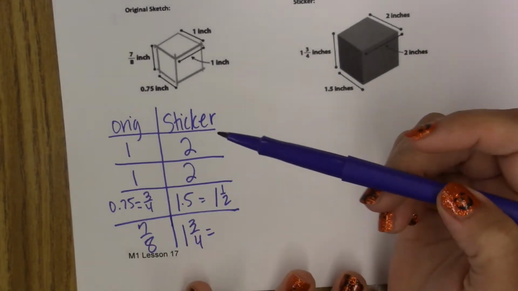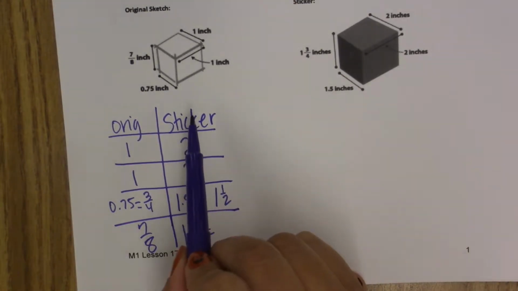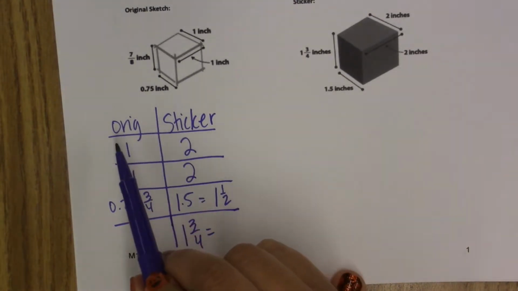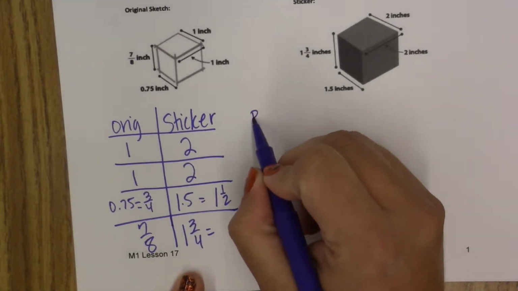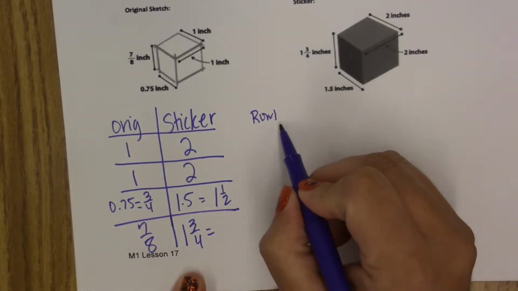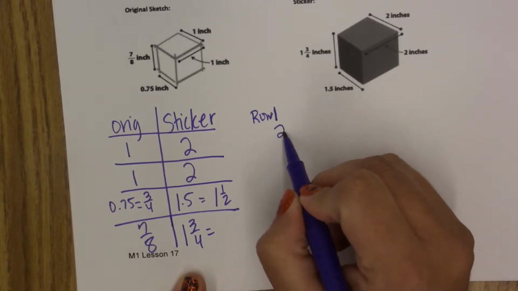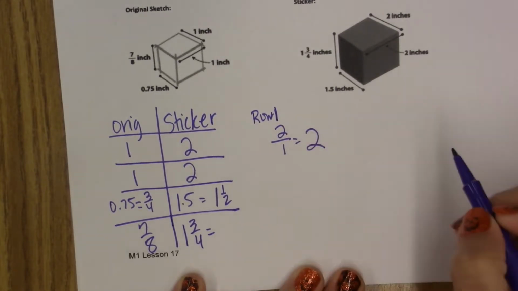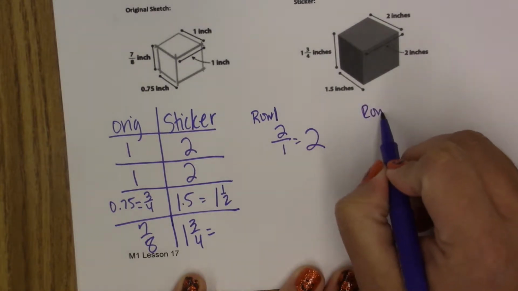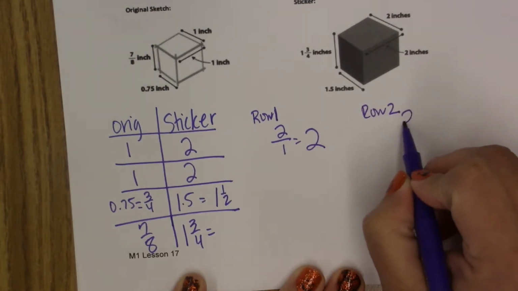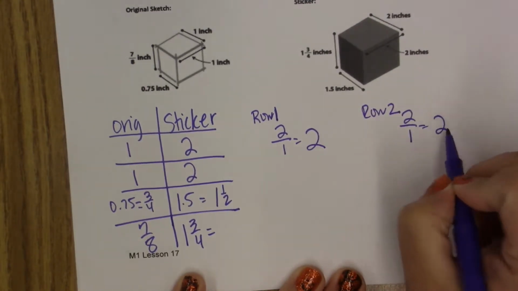To decide if a table is proportional, we take our y value divided by our x value. All right, so row 1, we have 2 divided by 1, which is 2. Row 2, 2 divided by 1, which is 2.